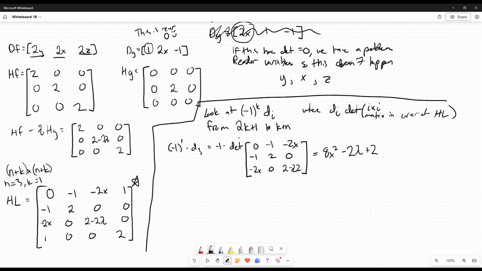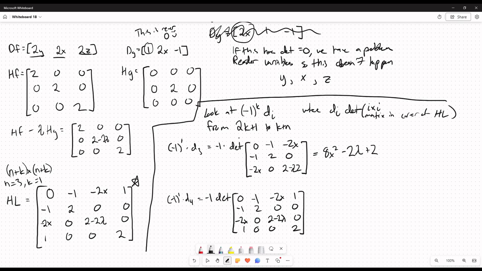it's going to get worse from here, because, for example, we then want to look at negative 1 to the 1 times d4, which will be -1 times the determinant of the whole Hessian: 0, -1, -2x, 1, -1, 2, 0, 0, -2x, 0, 2 minus 2 lambda, 0, finally 1, 0, 0, 2.